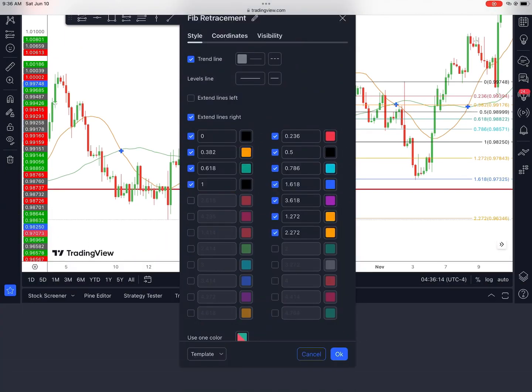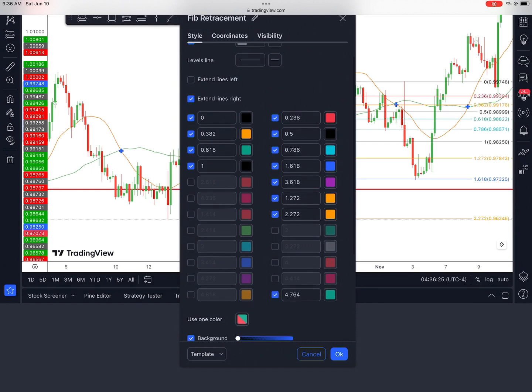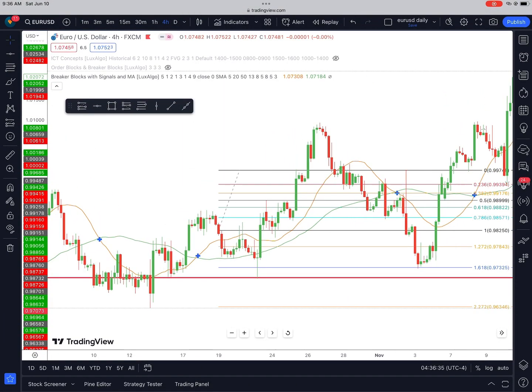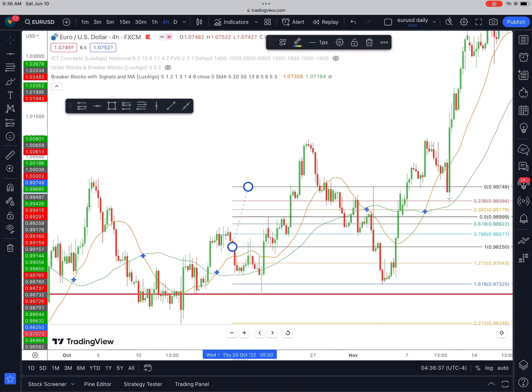So basically, while we're waiting for price to move back beyond the 50 SMA while it is going long, we anticipate and look for the 0.618 level.